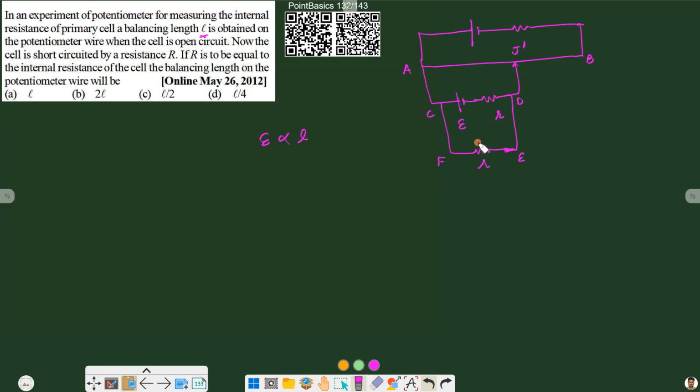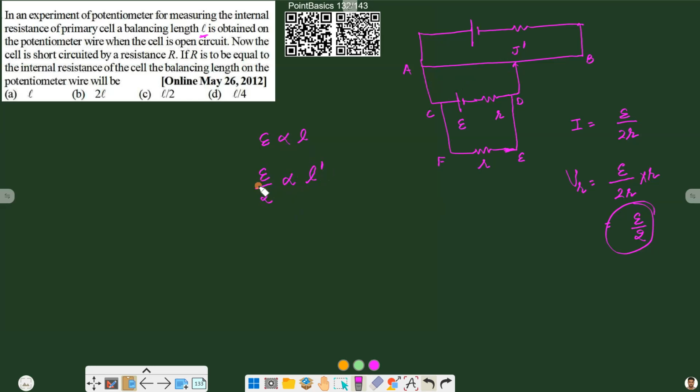First, the current in this circuit will be I equals E by (r plus R), that is 2r, and the potential drop across this resistance R, VR, will be current times its value. So it will be E by 2r into r, that is E by 2. This potential will be balanced by AJ dash, so E by 2 is proportional to L dash.